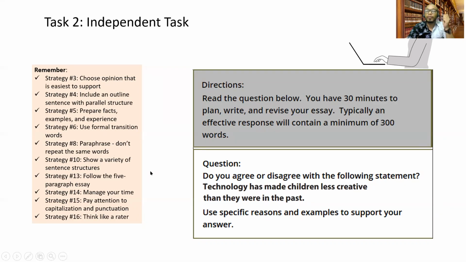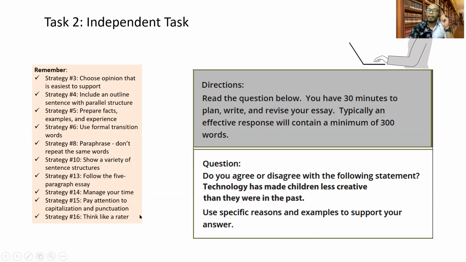Try to use different words by paraphrasing. Use different structures, both simple and complex. Don't forget about the 5-paragraph essay organization. Manage your time. Pay attention to your capitalization and punctuation, especially in the editing part.